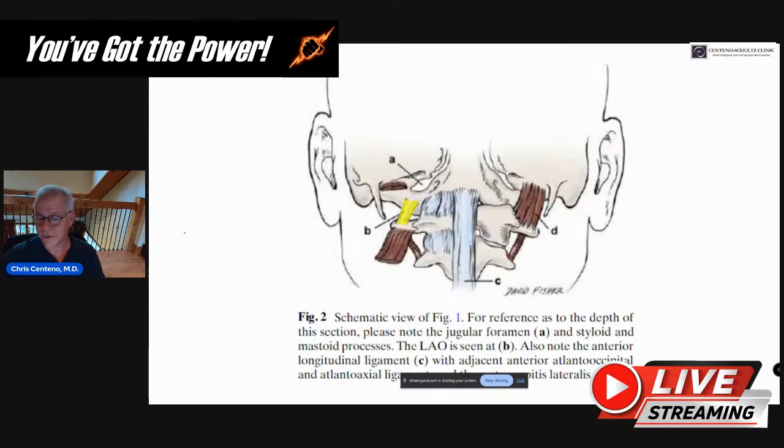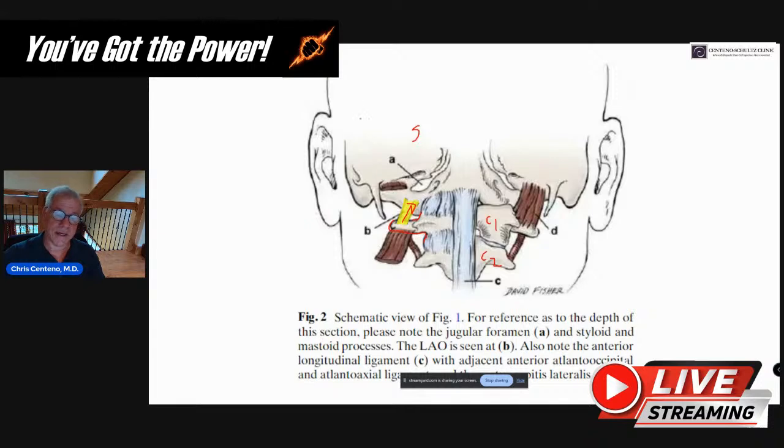This is just from Shane Tubbs' paper. I'll show a couple different pictures of this. This is the skull, this is C1, this is C2, and you can see that it comes from the lateral transverse process of C1 and goes from C1 up to the skull.